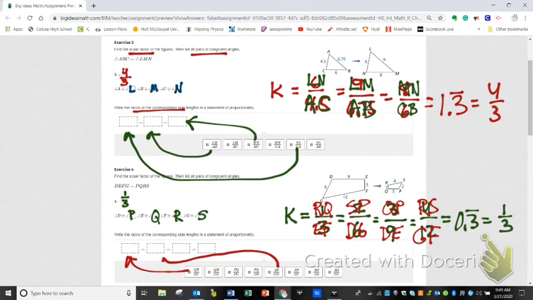QP and DE is here. And finally, RS and GF is here. And that would be our last answer. So that's how you do problem number 3 and 4.